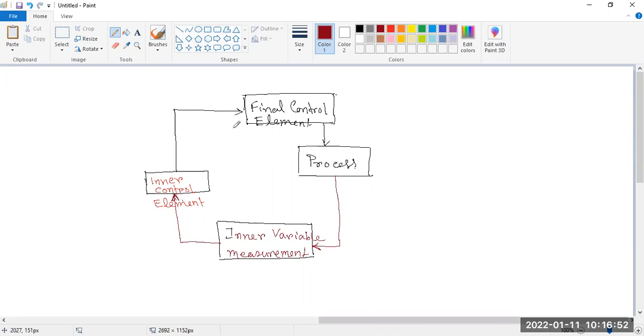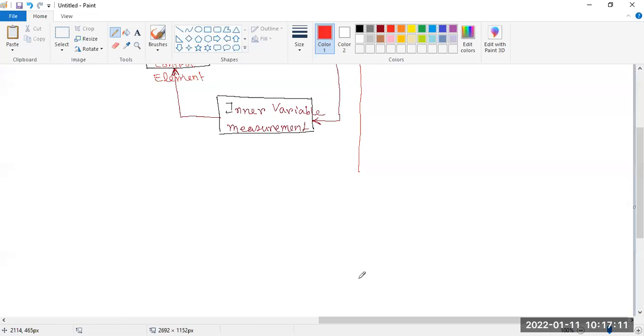This is the inner loop. The temperature and the feed water controlling is done here, but another loop is working here, given by multiplying the actual impedance, that means Z2, the actual impedance of the secondary side. That is called the outer variable measurement.